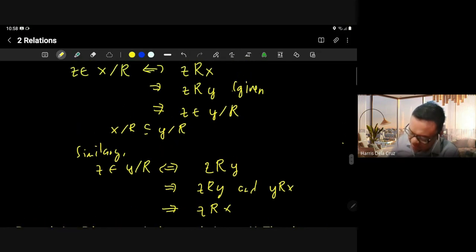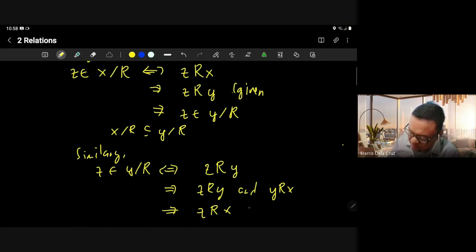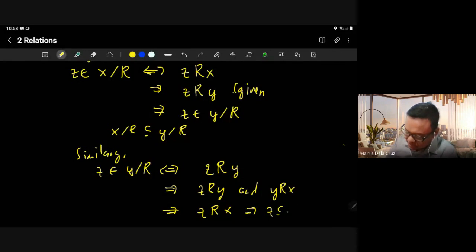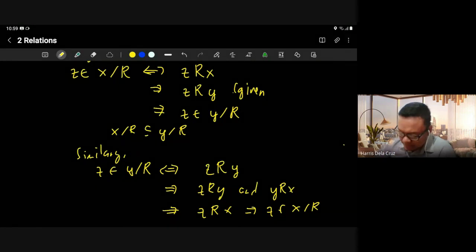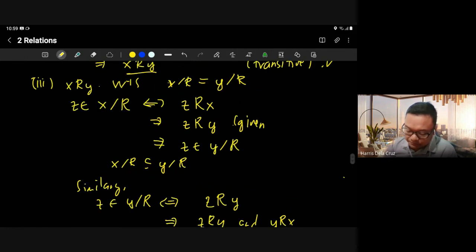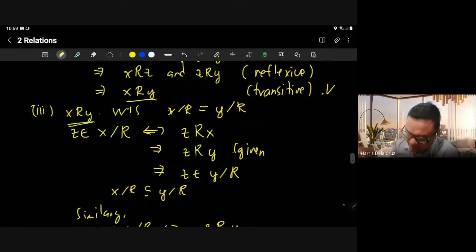Meaning, if Z is related to x, then it must mean that Z is an element of x over r. Now, ang assumption natin dito ay x related to y. Ang napakita natin, x over r is equal to y over r.